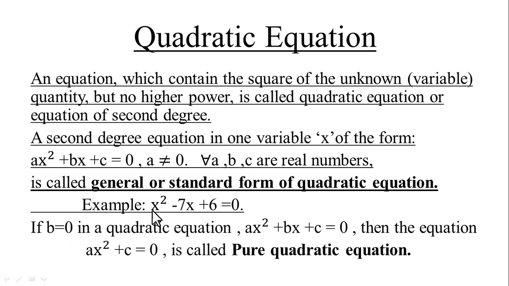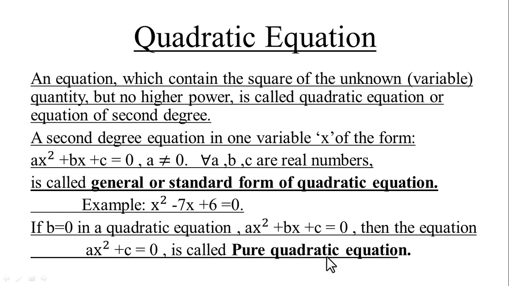If in the quadratic equation ax square plus bx plus c is equal to 0, b is equal to 0, then the equation becomes ax square plus c is equal to 0, which is called a pure quadratic equation. So if b is equal to 0, the quadratic equation changes into a pure quadratic equation, which is ax square plus c is equal to 0.